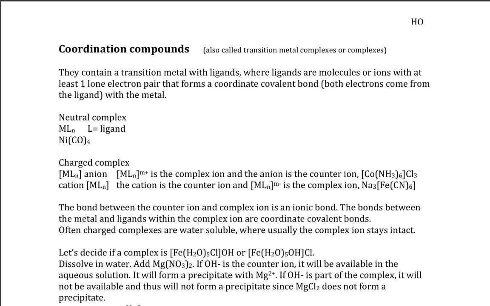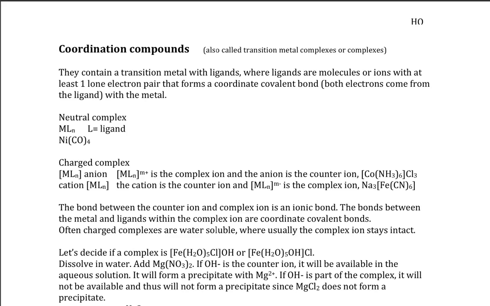Okay, so let's read that again. Coordination compounds contain a transition metal with ligands, where ligands are molecules or ions with at least one lone electron pair that forms a coordinate covalent bond with the metal.